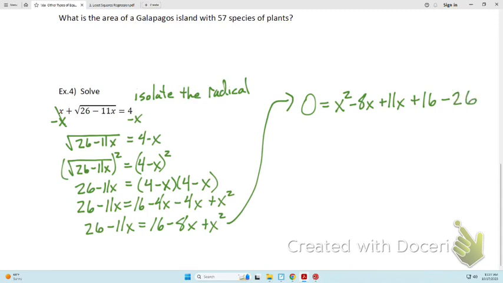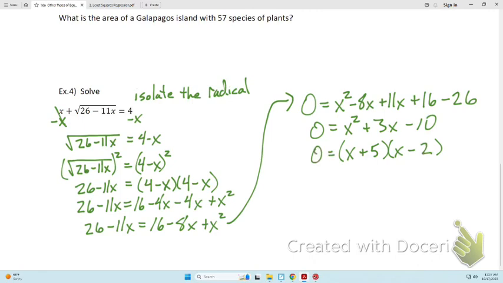Combine like terms, and we have a very easy factoring problem. I need two numbers that multiply to -10, but add to 3. So that's a +5 minus 2. X is -5 and +2.